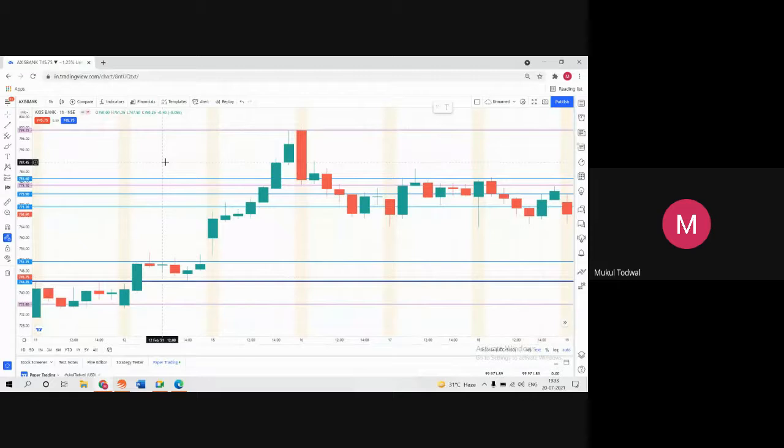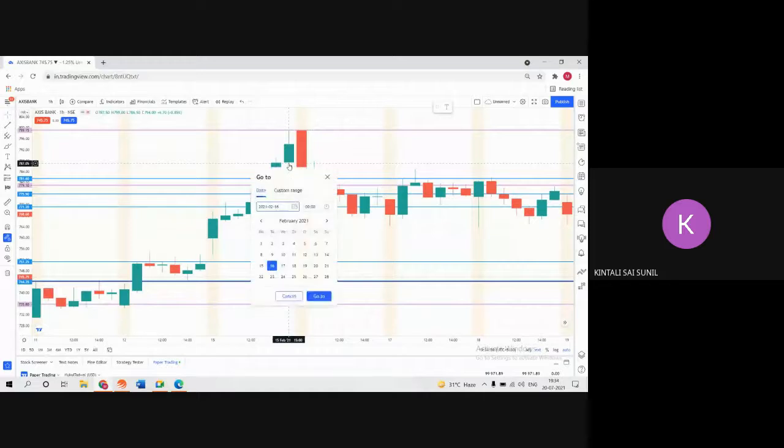Hello. Yes, sir. Yeah, so should I give you another example of bearish engulfing candlestick, or should I move on to another candlestick pattern? One more example.